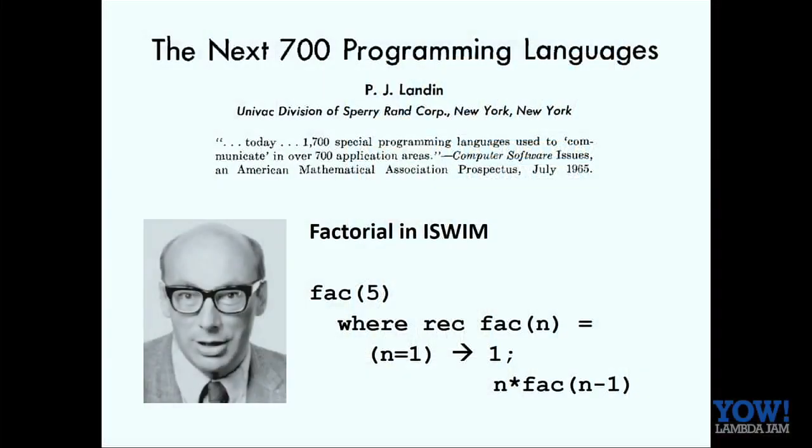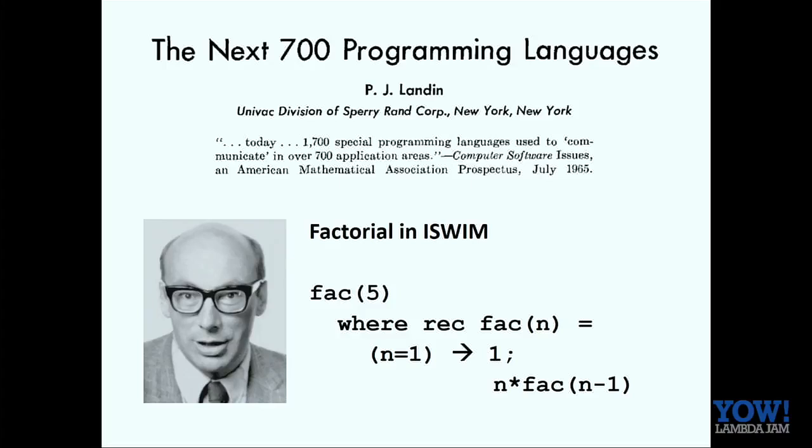This was from 1965, a paper called The Next 700 Programming Languages. And this is really one of the classics in the whole programming languages area. I'm just going to read you an extract from the abstract. He says, today, 1,700 special programming languages are used to communicate in over 700 application areas.